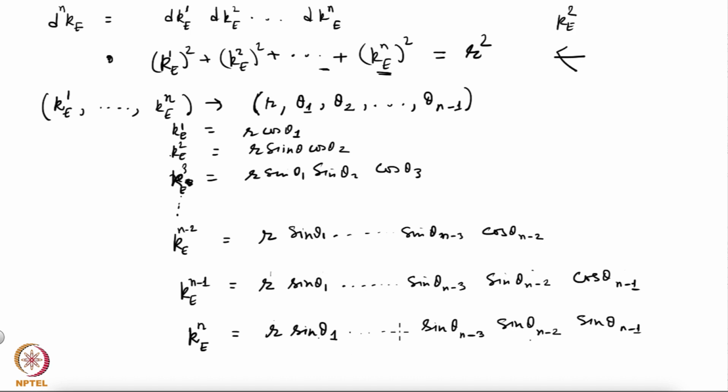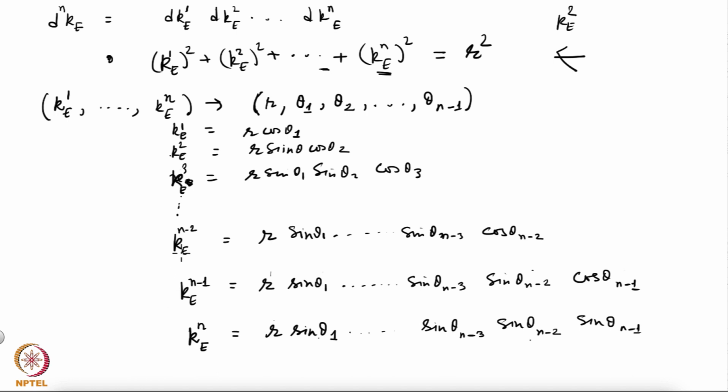So, when you add the two, the squares of these factors are common. Okay. So, you can pull them out and you are left with cos squared θ_{n-1} plus sin squared θ_{n-1}, that adds up to 1, right. So, ξ_{n-1} squared plus ξ_n squared will be just r squared sin squared θ1 up to sin squared θ_{n-2}.